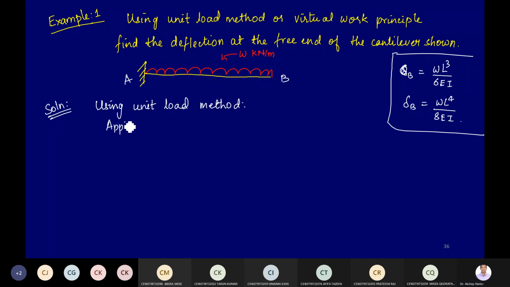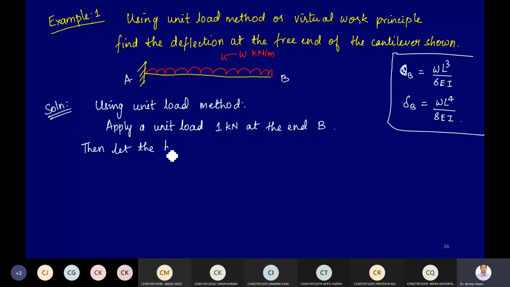Apply a unit load, 1 kilonewton at the end B. Then let the beam be loaded by the load W kilonewton per meter.